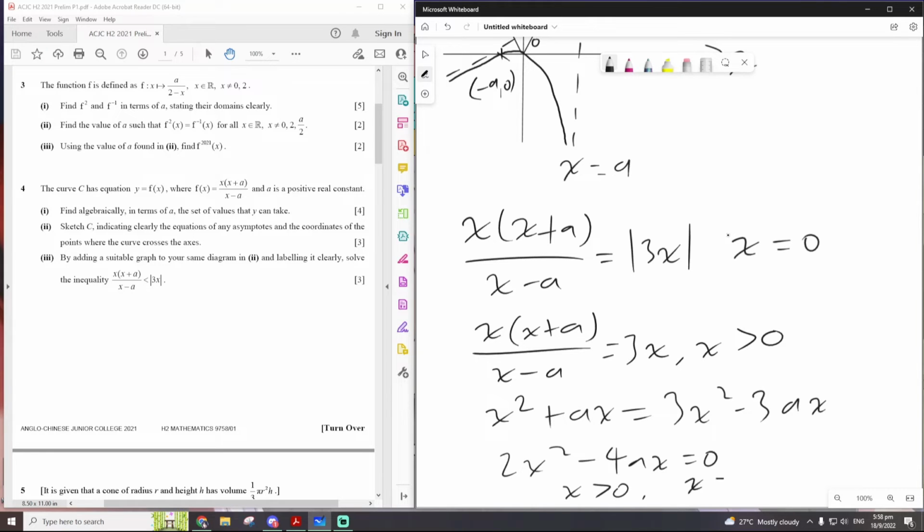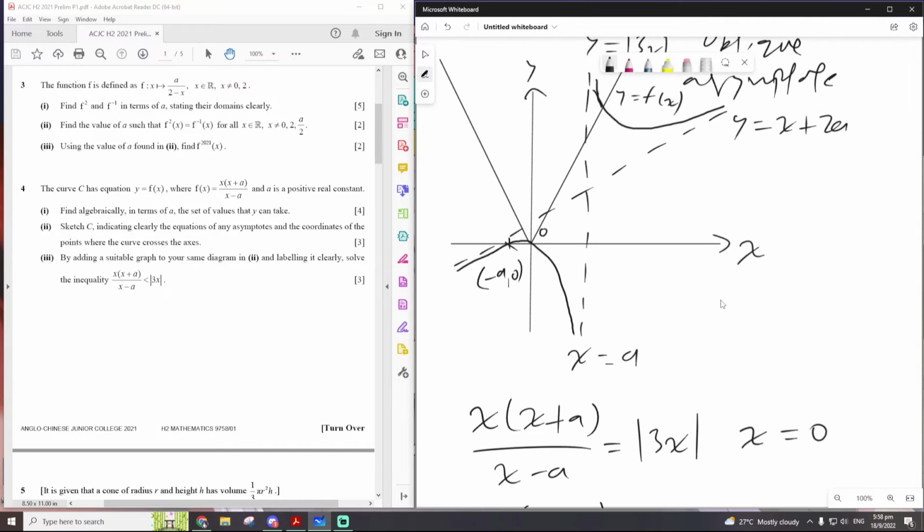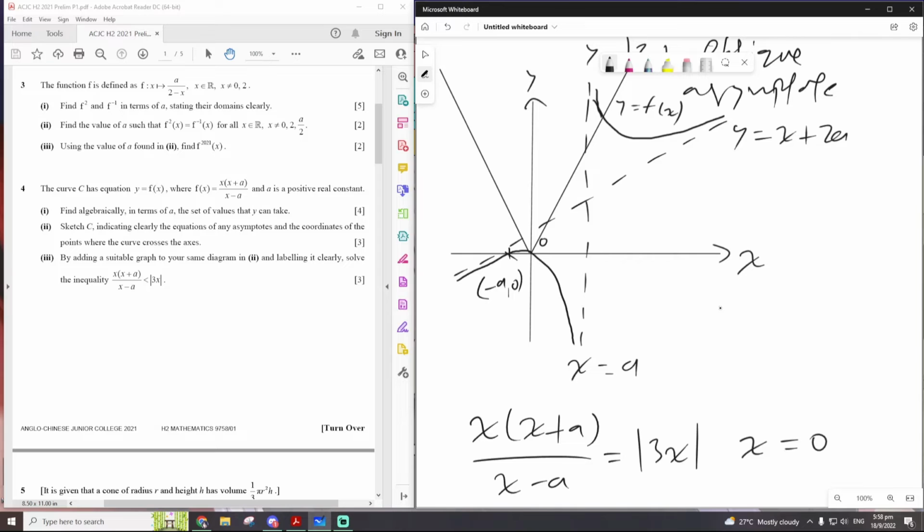So therefore what is x? You can cancel this out because we know x is not 0, so x equals 2a. Okay, and then we will refer to this. So this is going to be 2a.